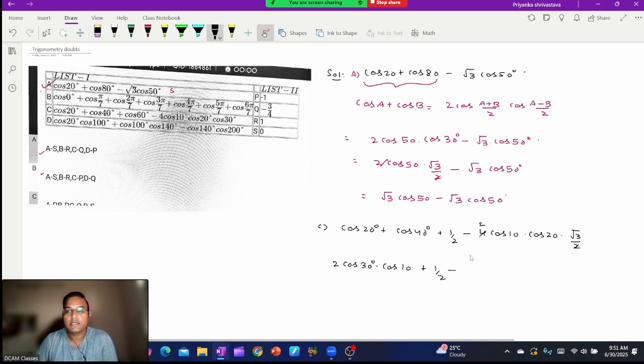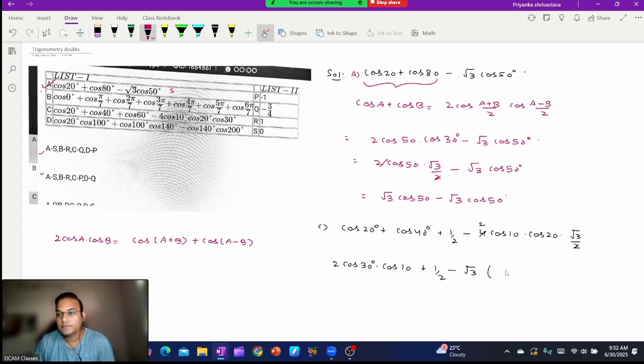Root 3 we will put like this, root 3 into 2 cos A cos B. 2 cos A cos B is cos of A plus B plus cos of A minus B. So we'll write like this: cos of A plus B is 30, cos of A minus B is 10.